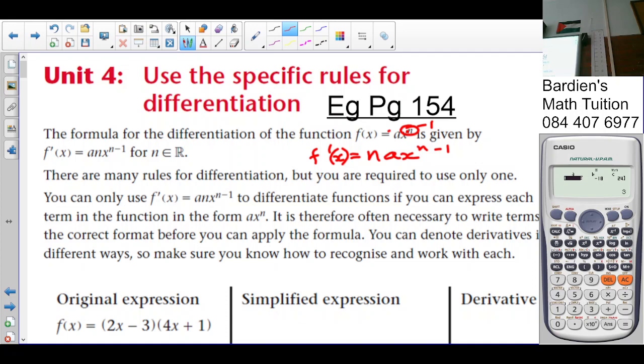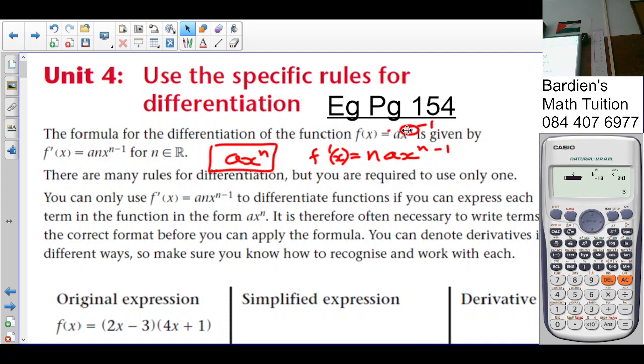But when we do that, it must be in the form of ax to the exponent n. If it's not in that form, we must get it in that form. You guys understand? And you should also have noted that every time I apply my derivative, I show f prime x. I don't just say f of x equals.